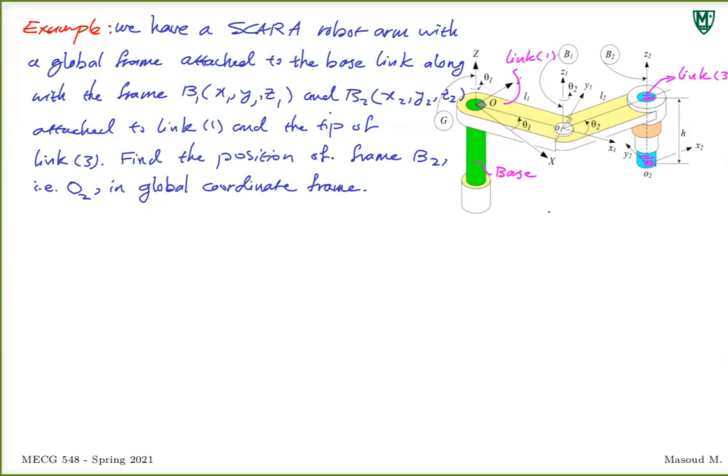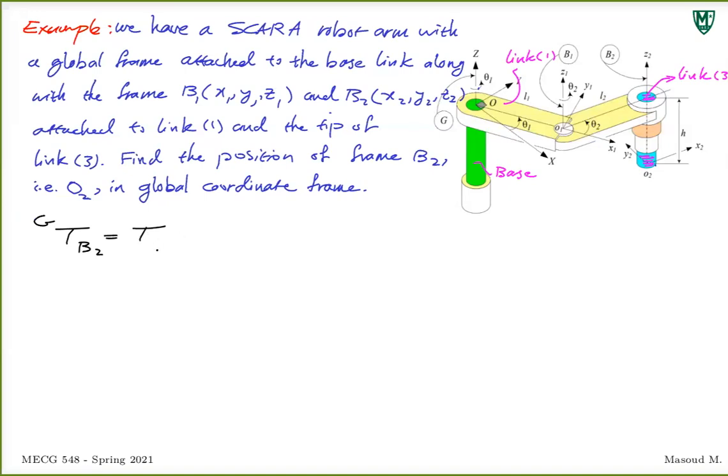It's just that now we are attaching these frames to a robot arm. And that's where we slowly get into the main story of why we are even talking about these transformations. We want the transformation matrix from B2 to G.